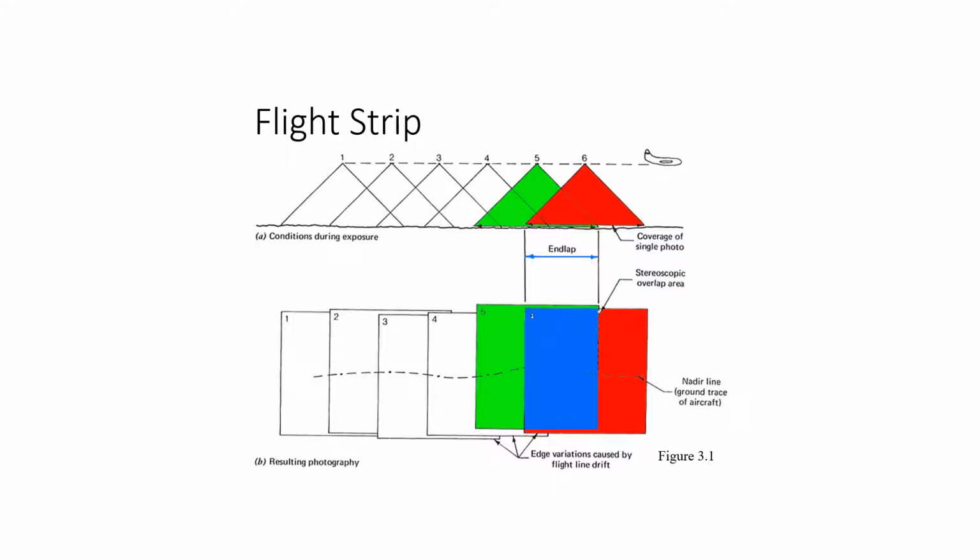The plane follows a flight strip. The idea is that this nadir line is basically the collection of the center points of the images, and each image overlaps significantly, which is called end lap. This allows us to have some stereoscopic coverage, and typically we try to take enough pictures that we have some portion of the data where we have 3 images.